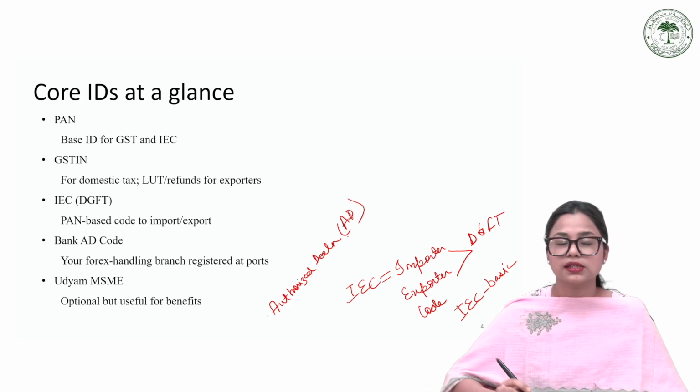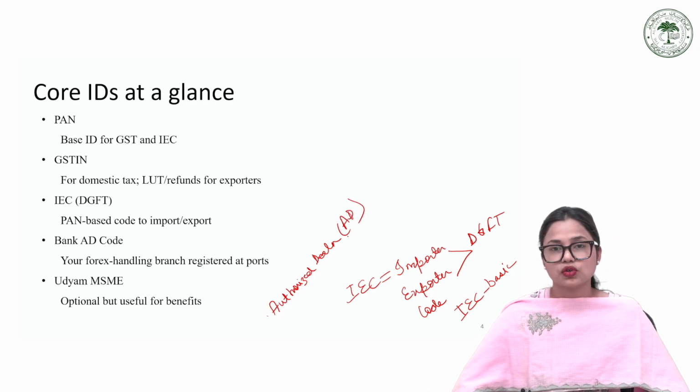So the bank is authorizing the particular dealer to engage in export procedure, and the bank on behalf of the exporter would be receiving the export proceeds from the importer. It is important because the bank will be handling your foreign exchange at whichever port you are registered.